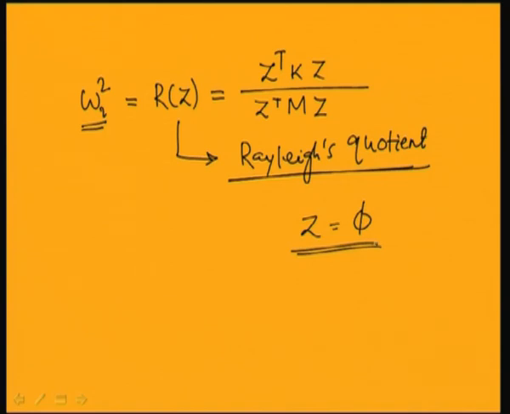So, we know from linear algebra that any function z or any vector z can be expressed as a linear combination of n linearly independent vectors. This is the expansion theorem. So, you can write z as the sum of C_i into z_i, or I can write this as ZC, where Z is the square modal matrix.